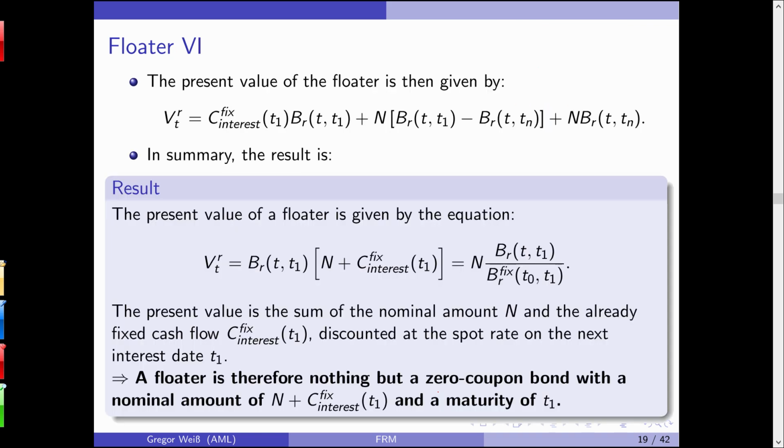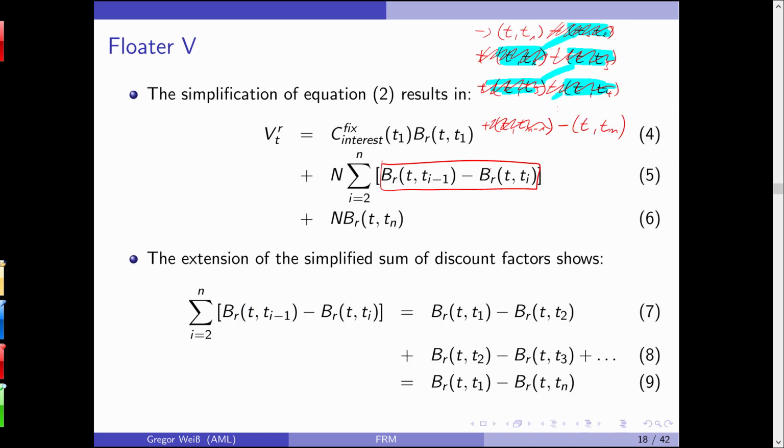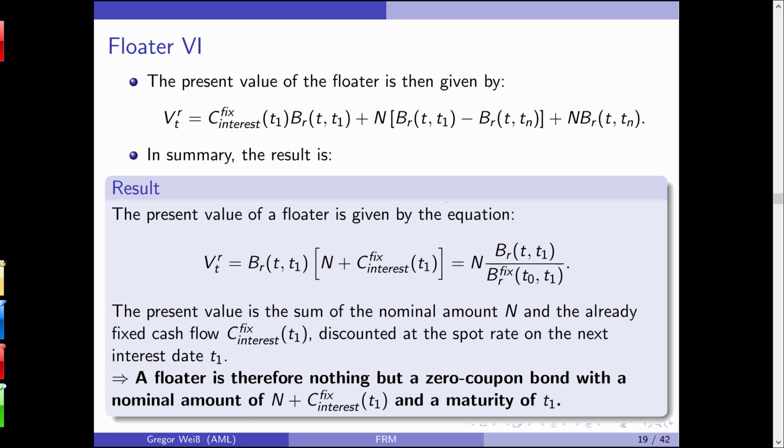Okay, that helps. Now, if you include this again here and insert this here, you can see that the present value is given by the fixed interest payment times the discount factor with the first fixed interest rate payment plus the notional times BRT T1 minus BRT TN plus the notional times BRT TN, and again this and this here becomes 0.